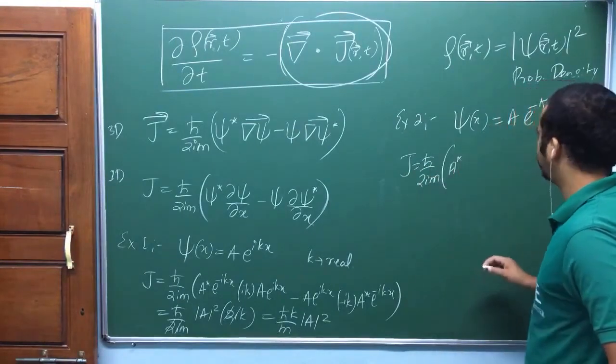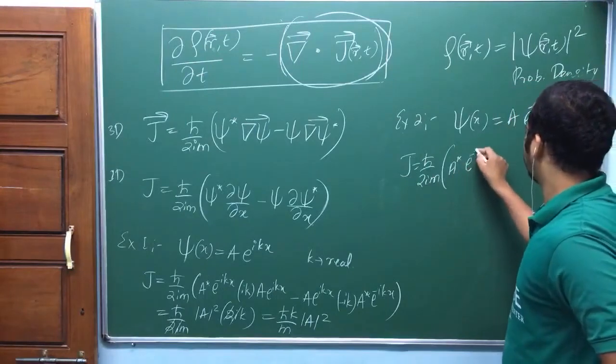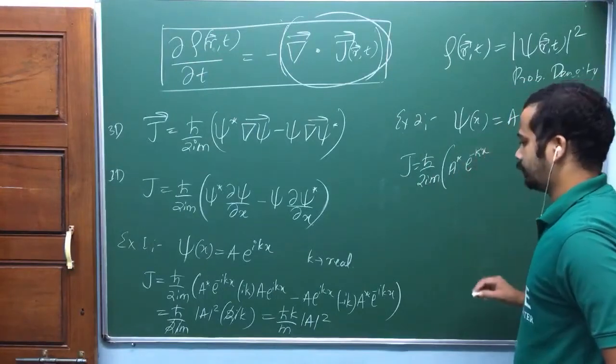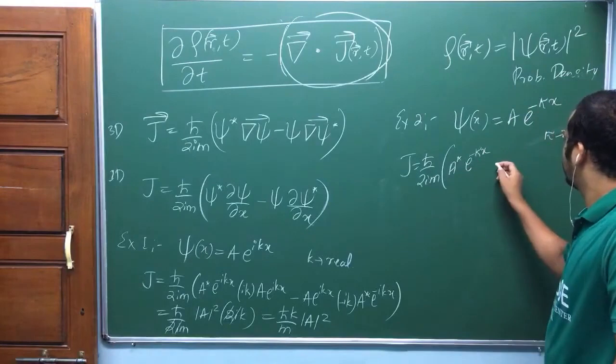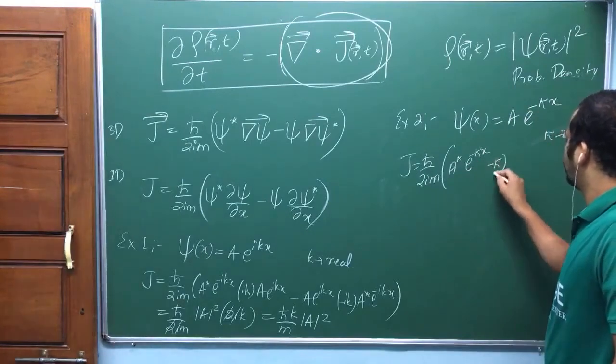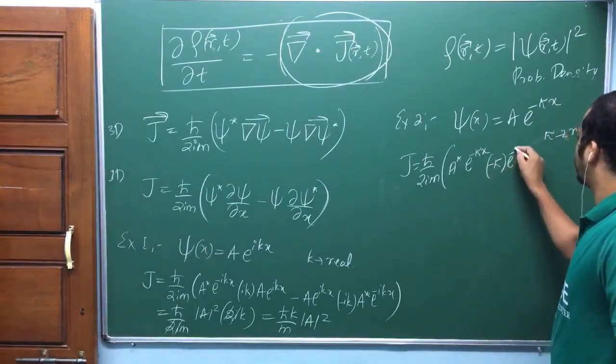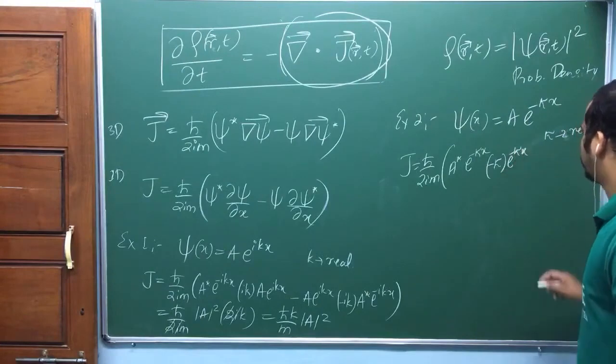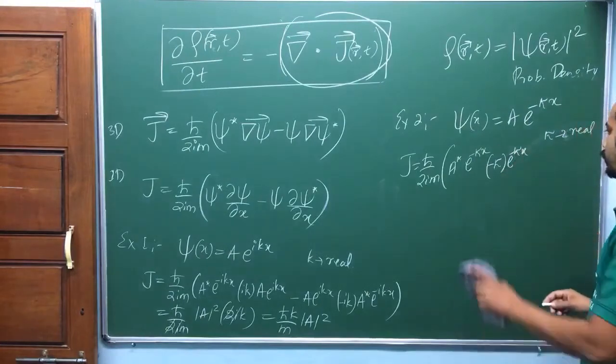A star e power minus kappa x into minus kappa e power minus kappa x, into a star into mod a square.